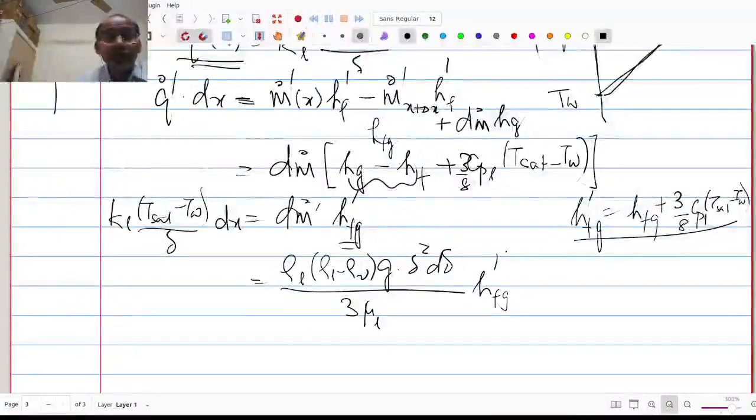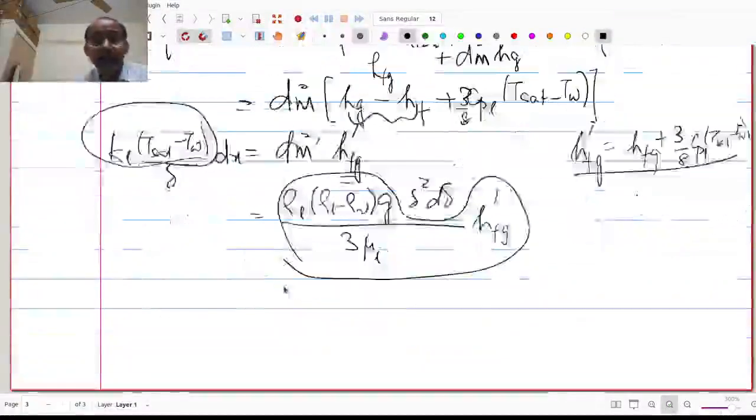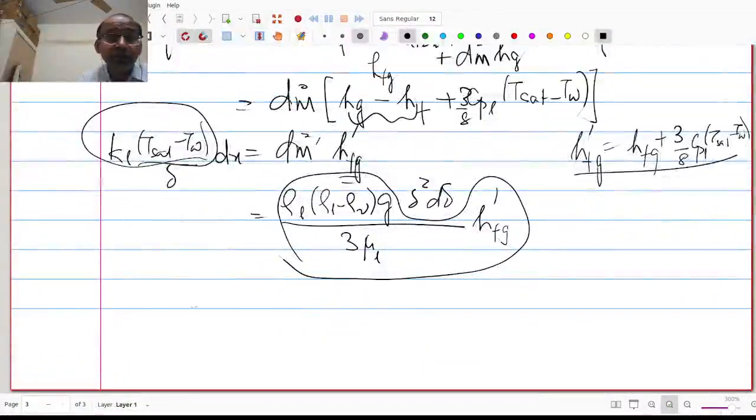Okay, so I just integrate this expression. All of this would be constant, and this delta can come here, so it will become delta cube d delta, and I integrate that. So delta cube d delta is equal to, I take all the other expressions to the other side.